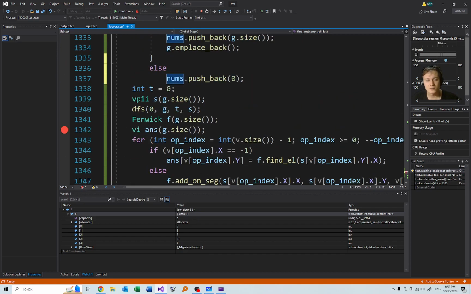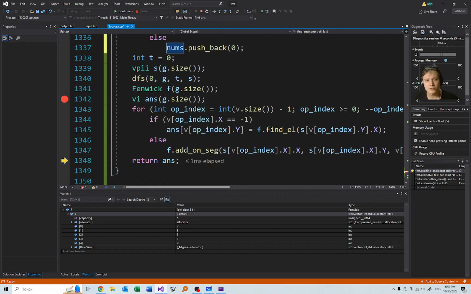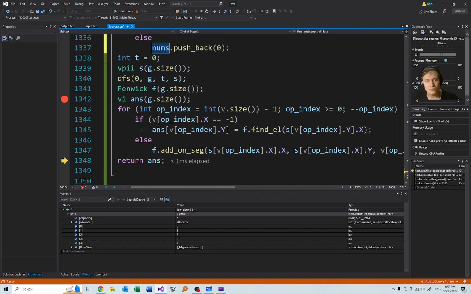And here, what I really need to do is to store nums of index.